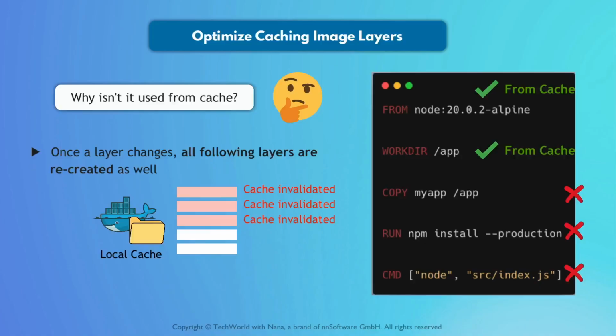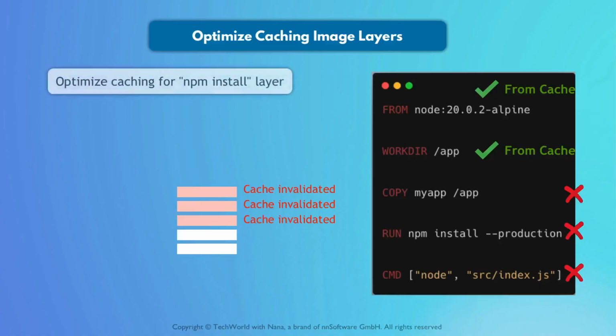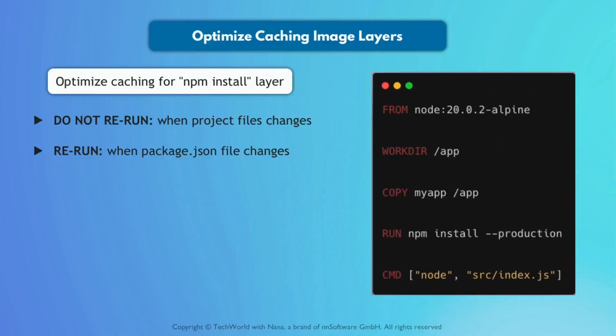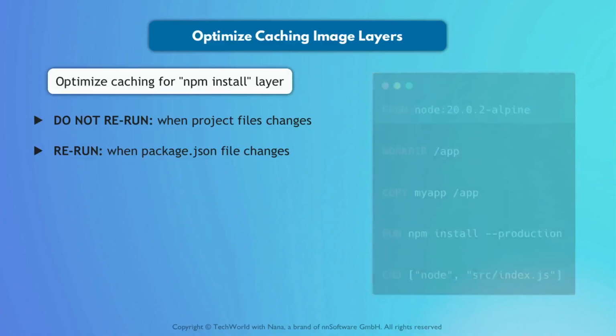However, instead we want to take advantage of Docker cache, and we want things that haven't changed to be reused from cache. Again, giving us an advantage that the image will be built fast. So in our case, we don't want to rerun npm install dependencies every time some file in the project changes. We only want to run it when package.json file contents have changed, which includes all the application dependencies.